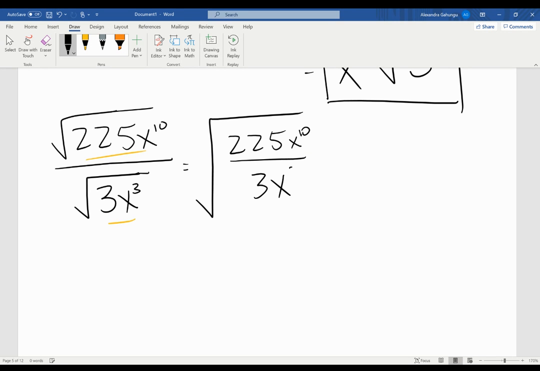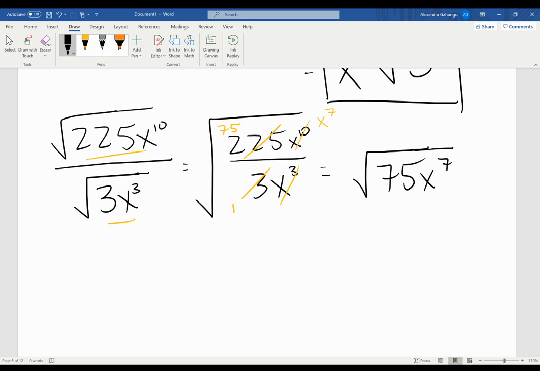And I simplify, just looking at my fraction, 225 and 3. So I get 75 left over, 1 on the bottom, and then x to the 10th, x to the 3rd. I've got 10 x's on top, canceling with 3 x's on the bottom. That means I'm left with 7 x's on top. So I have the square root of 75x to the 7th.